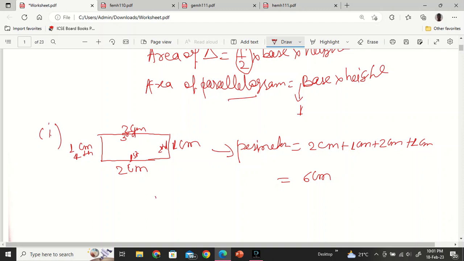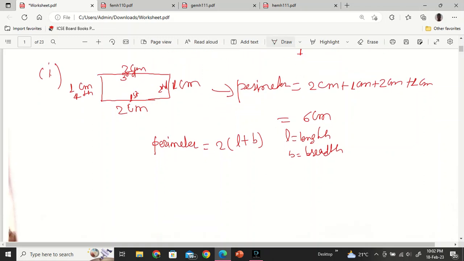Otherwise, there is a formula for the rectangle also. Perimeter is equal to 2 into (L plus B), where L stands for length and B stands for breadth. But there is no need to remember the formula. Even the formula is derived from the same thing. You can just observe.